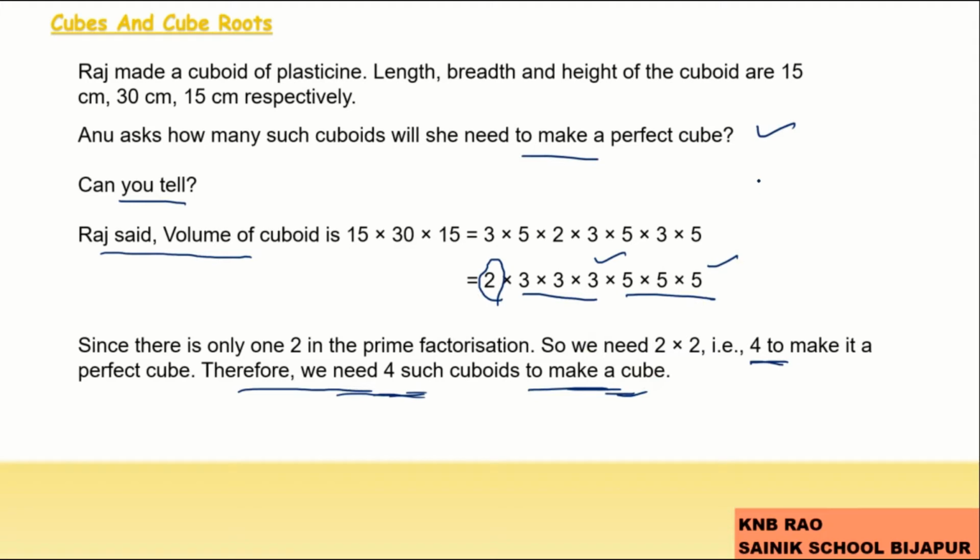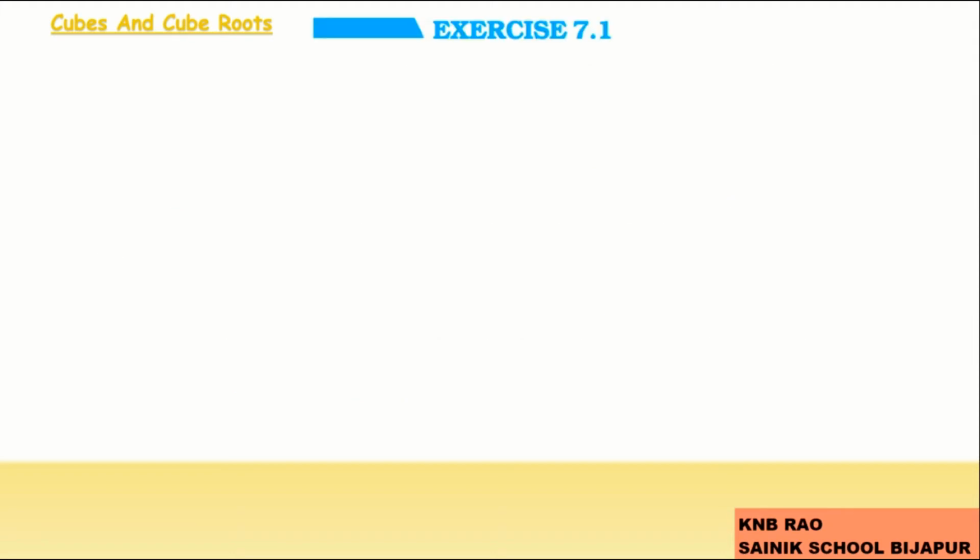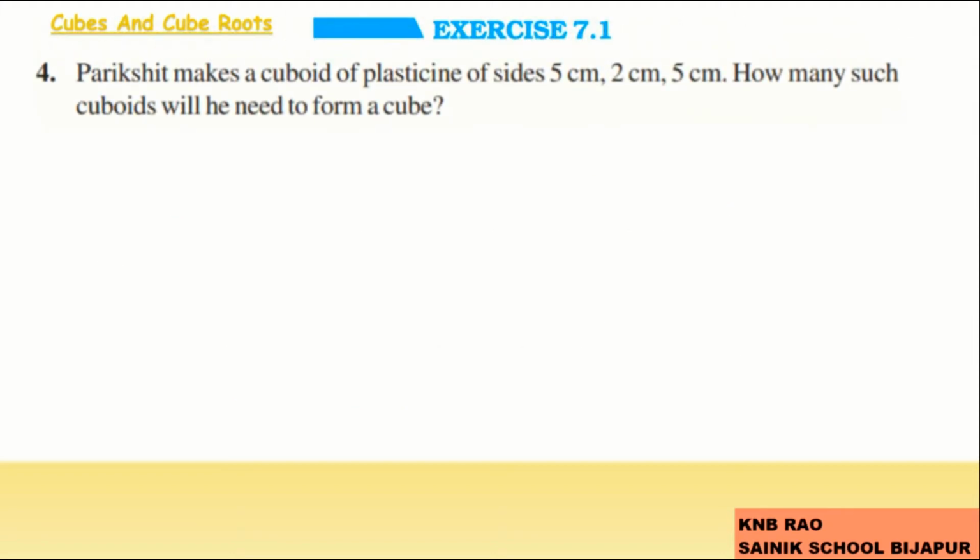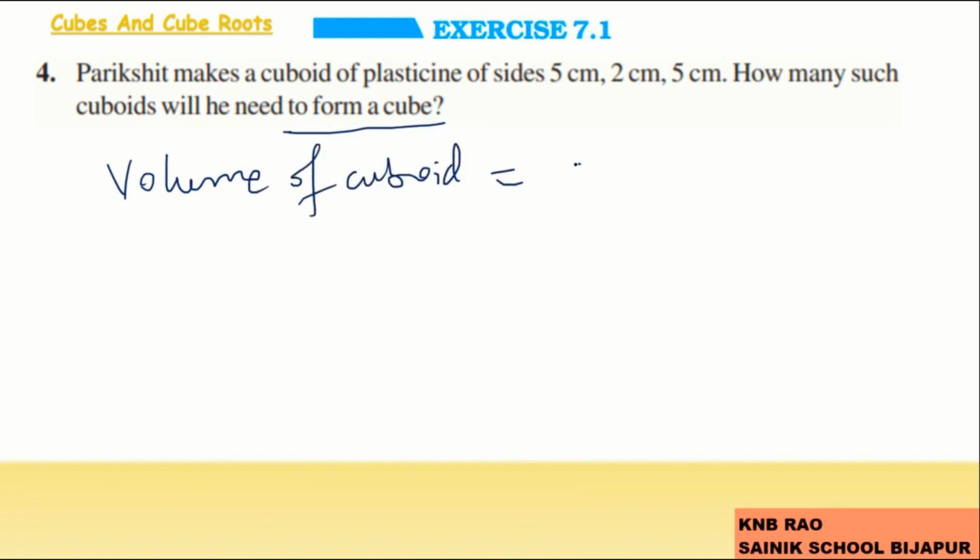So now we are going to have a similar sort of question in exercise 7.1. So the question is this question number 4. Parikshit makes a cuboid of plasticine of sides 5 cm, 2 cm and 5 cm. How many such cuboids will he need to form a cube? So for this, first we need to find the volume. So volume of the cuboid is 5 into 5 into 2, where none of this prime factor is in triplet form.